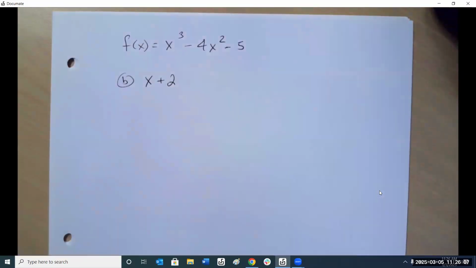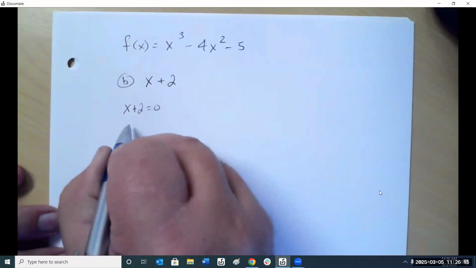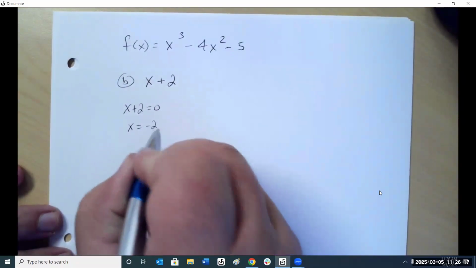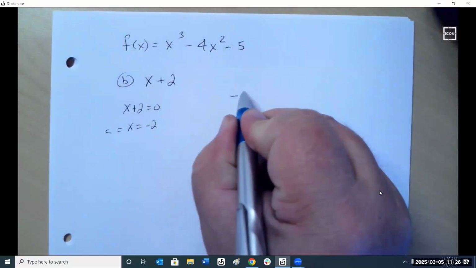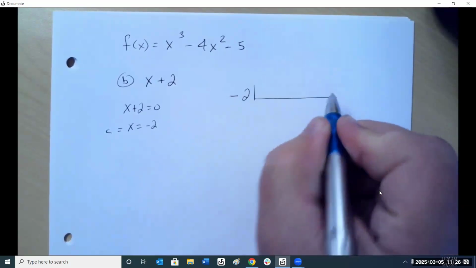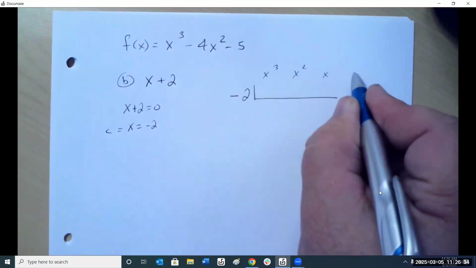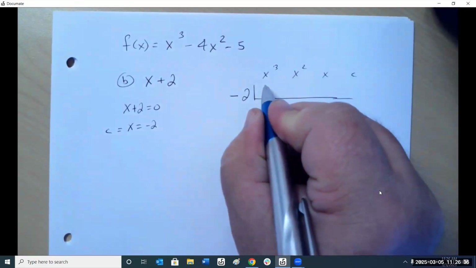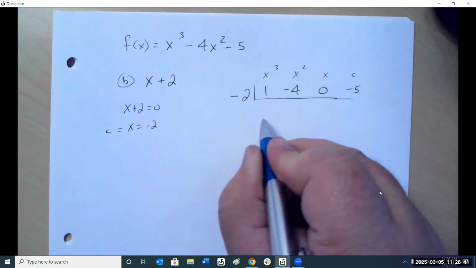The c value is the x, not the equation. So we set this equal to 0 and solve for x. So that's my c value. Instead of putting in -2 for x in the function and solving it, you can just do synthetic division, where it's x cubed, x squared, x, and a constant. So it's 1, -4, 0, -5.